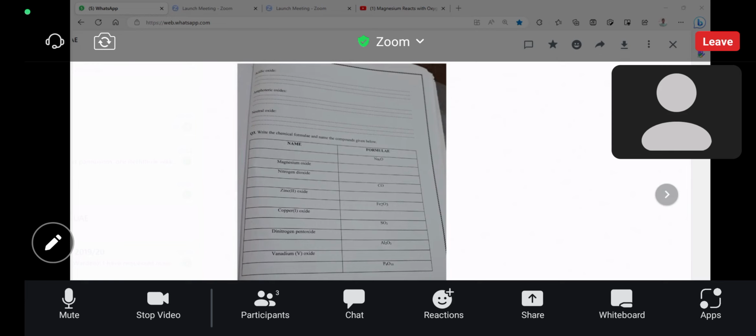You can write simply aluminium oxide because that is general. You can try the rest also. If you have any doubt, you can ask. You can try the rest of the questions by yourself.